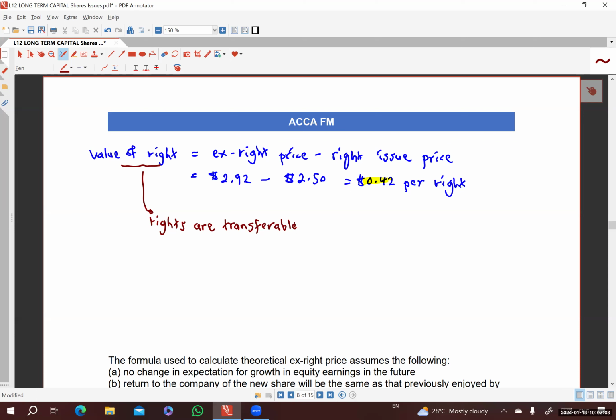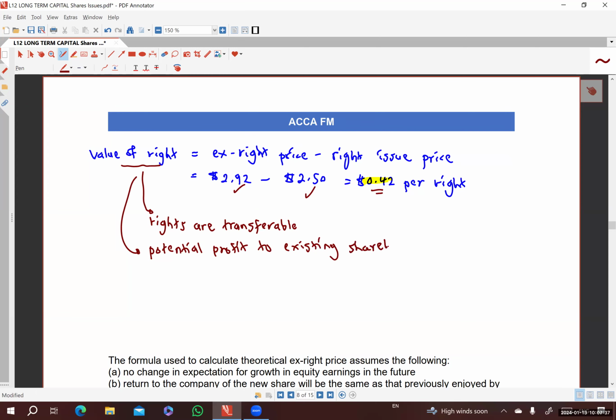What is this 42 cents? As a shareholder, you buy the share at the cheaper price of 2.50. The market price after the rights issue is 2.92. So immediately after the rights issue, you have made a profit of 42 cents because you bought at a cheaper price. So the value of the right is actually the profit to the existing shareholder.